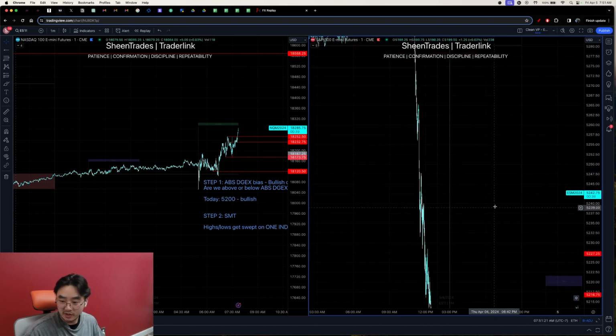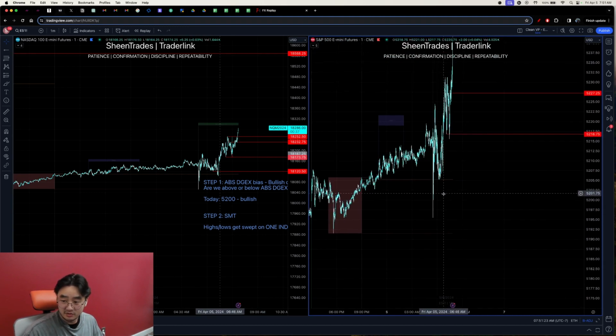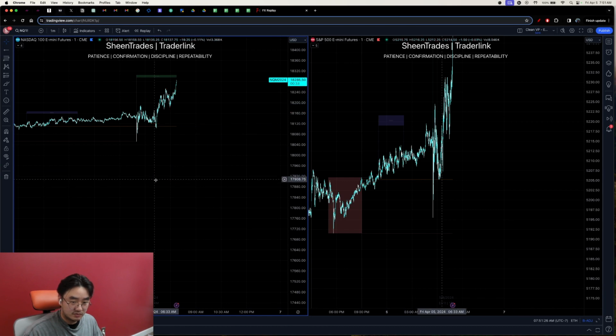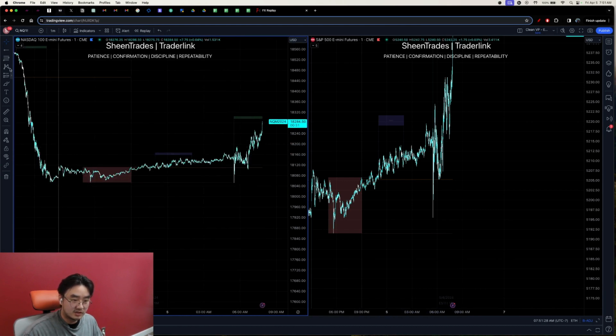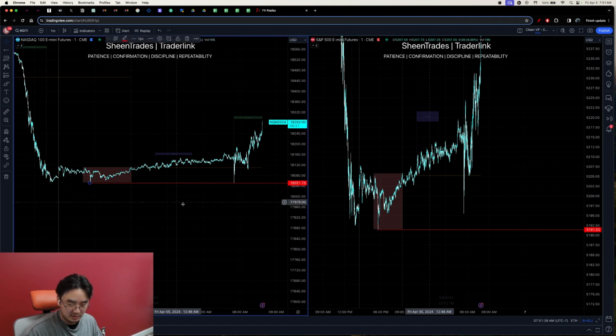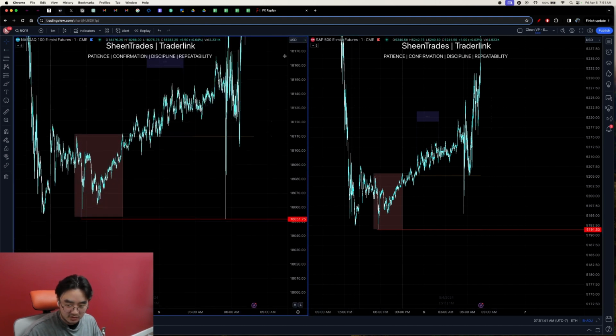You want to see something even crazier, or just as crazy? Look at this. Let's remove drawings here. Look at this low. Even if you were to take this low, look what happened here. NQ swept that low.